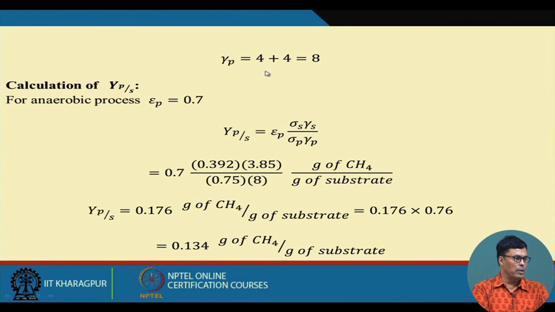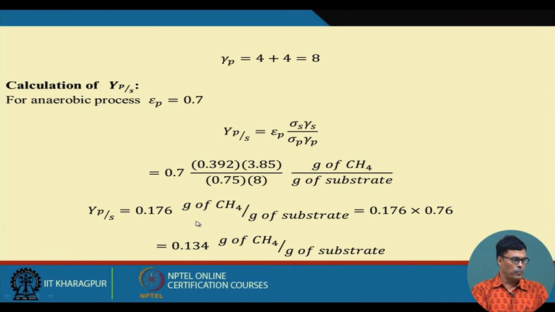Then we can assume for this anaerobic process epsilon p is 0.7, and we can easily calculate how many grams of methane are produced per gram of substrate consumed, because Y p/s is the yield coefficient: grams of product, that is methane, produced per gram of substrate consumed.